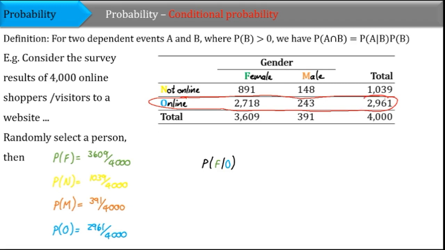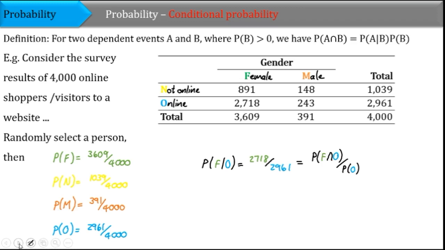So my sample space that I'll be using is 2961. I'm interested in selecting a female, and I have 2718 females. So this should be a sample space of 2961 and a numerator of 2718 because I'm only looking at females.